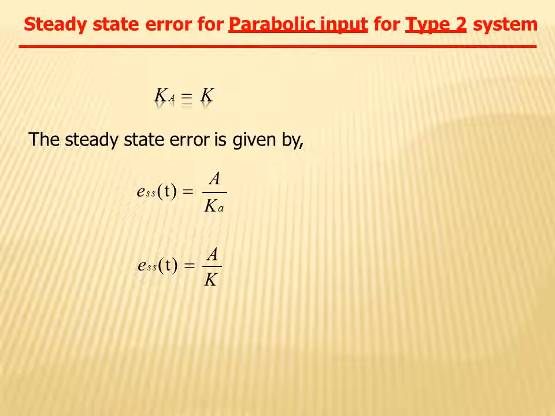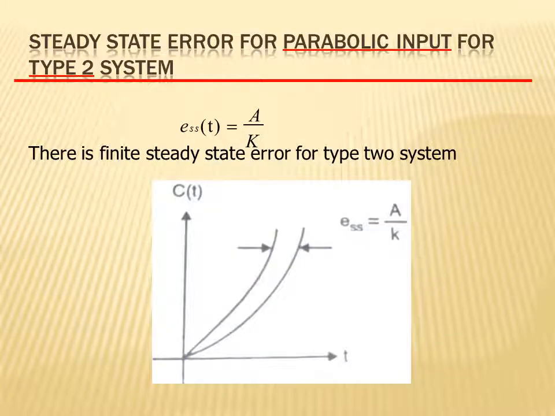Therefore, ESS(t) is equal to A upon K. And it is graphically represented as shown here. So it is the finite steady state error and that is for the type 2 system.